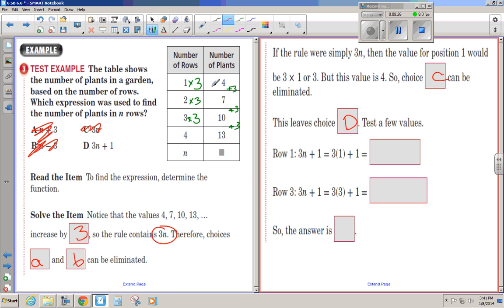It has a plus 1 in there, which makes sense. 1 times 3 plus 1 is 4. 2 times 3 plus 1 is 7. 3 times 3 plus 1 is 10. 4 times 3 plus 1 is 13. That's how this is set up. So we know that the answer is D.